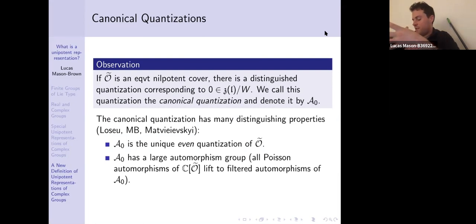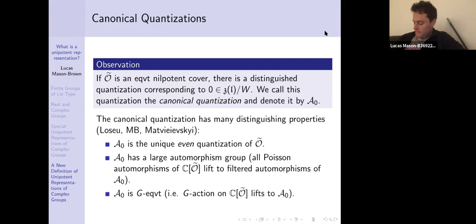This filtered algebra has a very large automorphism group. In particular, every Poisson automorphism of O tilde lifts to a filtered algebra automorphism of A0. And in particular, the group action of G on O tilde, which is by Poisson automorphisms, lifts to a group action on C O tilde by filtered algebra automorphisms.